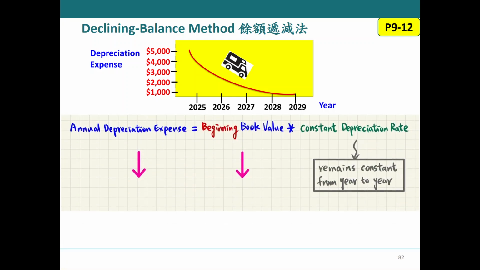We want the annual depreciation expenses decreasing over years. Each year your depreciation expenses get lower and lower. This is our purpose. This is what we want. So decrease over years.